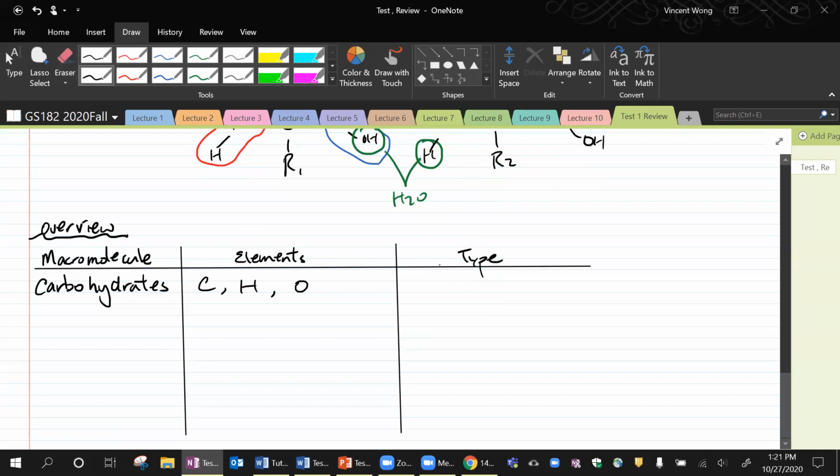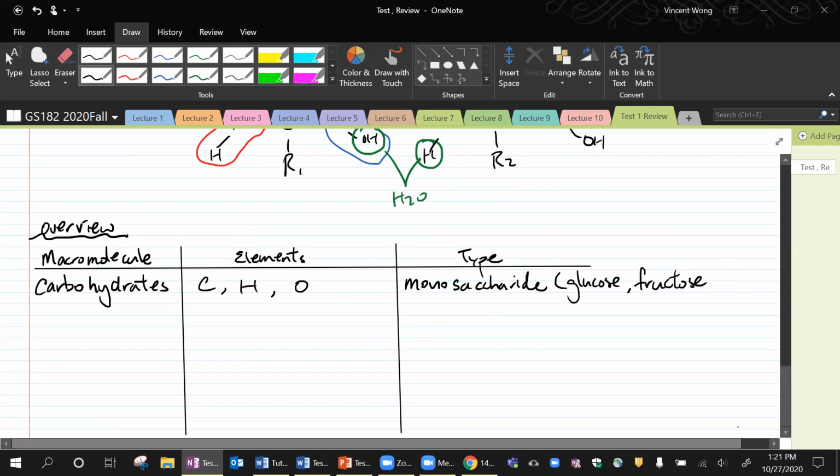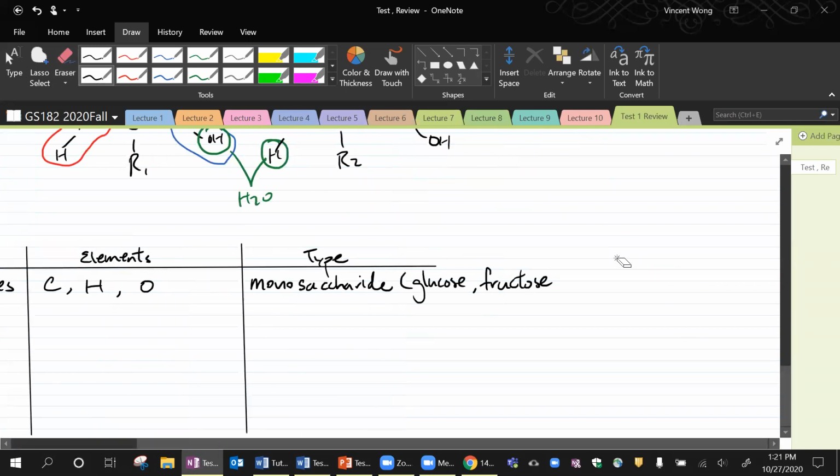Just very generically speaking, the types we have are monosaccharides. Monosaccharides would be like glucose, fructose, and there's one more, galactose.